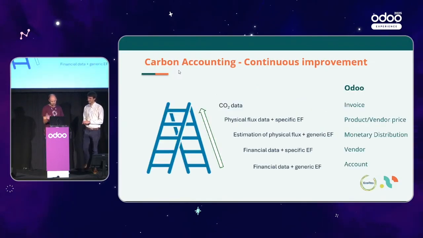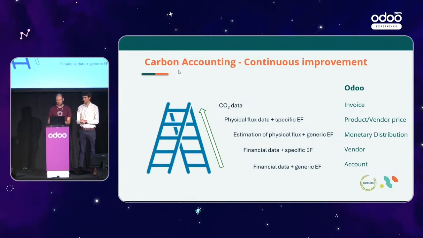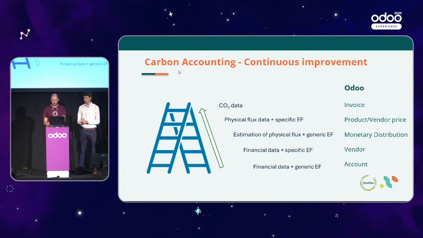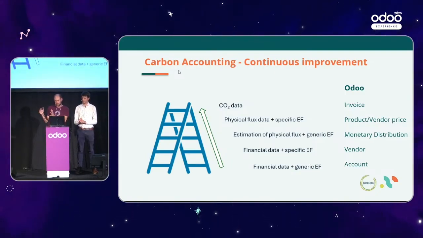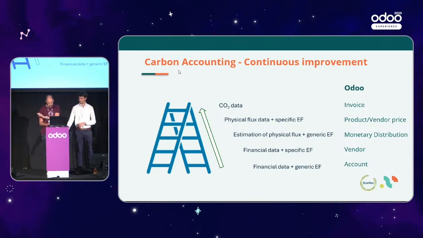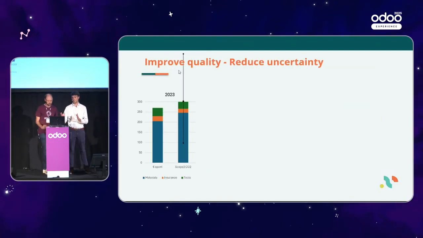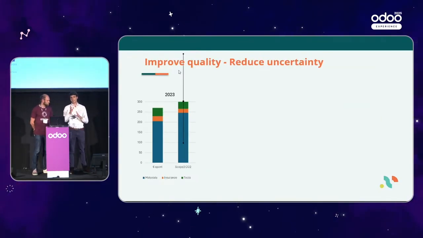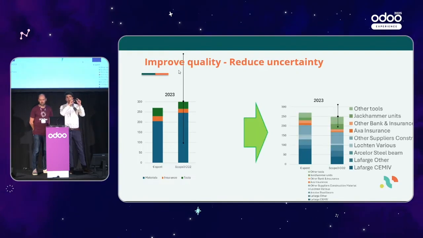Just as a reminder, for each leap that we do, there are dedicated Odoo configurations that are summarized here, where we place the emission factors from accounts, monetary, to products, vendor prices in the product. So basically what we've seen, and I'll go quickly on this one, is that we start with just a quick identity method with a high uncertainty, and we go into a lot of different details.